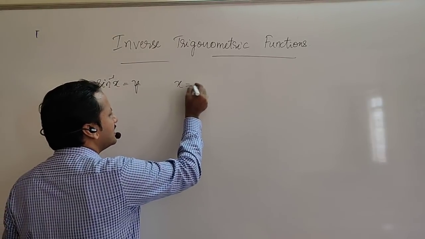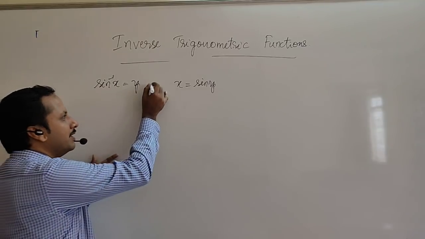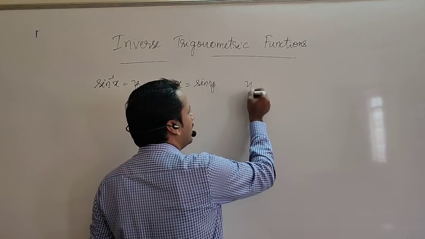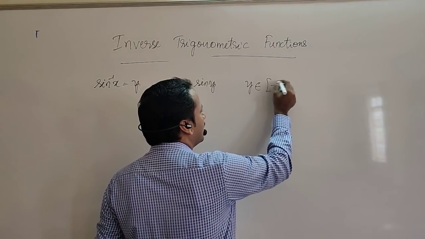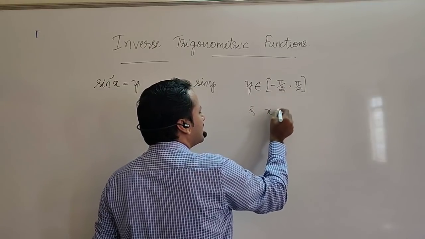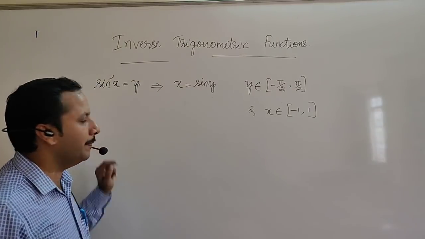By definition, sine inverse x is equal to y implies that x is equal to sine y, where y lies in the interval minus pi by 2 to pi by 2 and x lies in the closed interval minus 1 to 1.